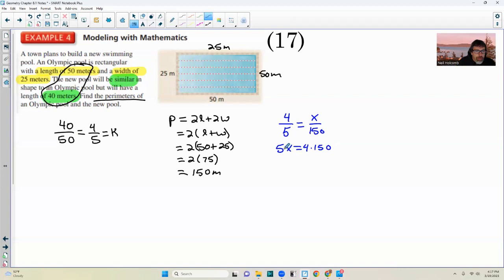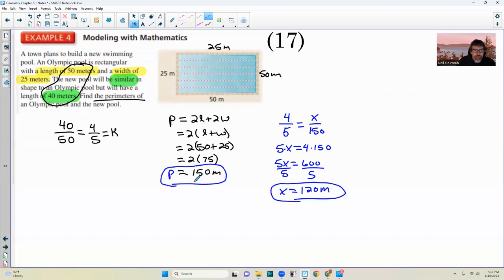I'm just showing all my work. 5x equals 600. Divide by 5, x equals 120, since 5 goes into 6 once and 5 goes into 10 twice, with a 0. So the perimeter of the new pool is 120 meters, and the perimeter of the Olympic pool was 150 meters.